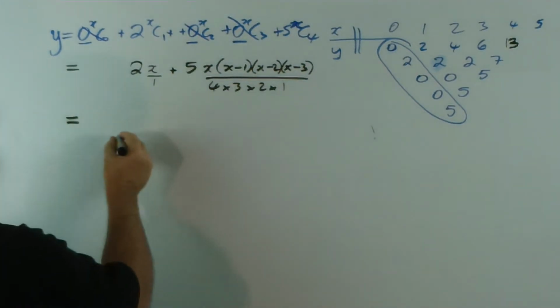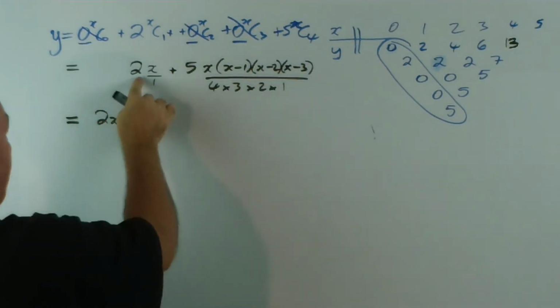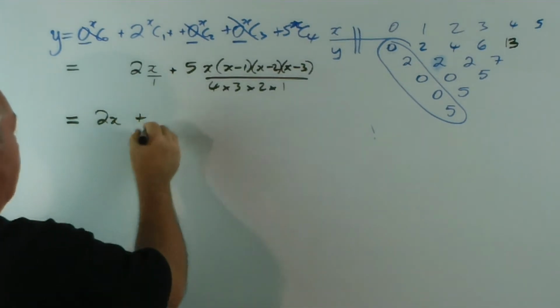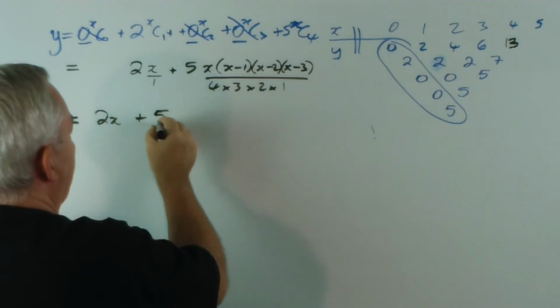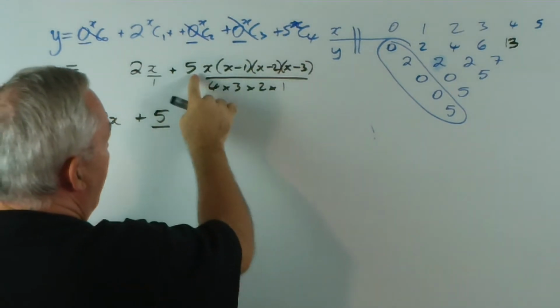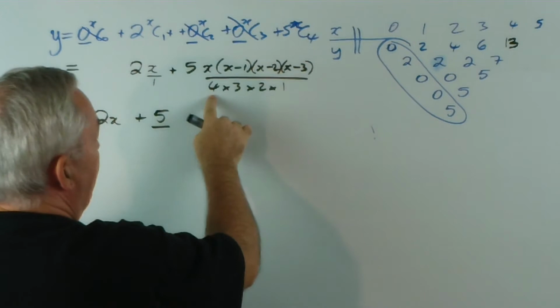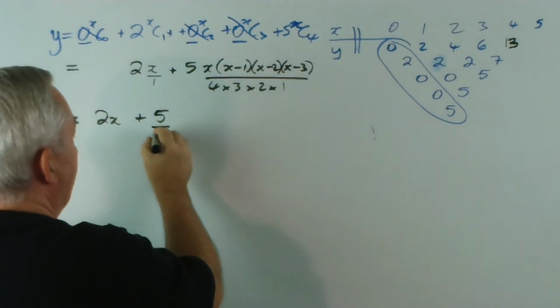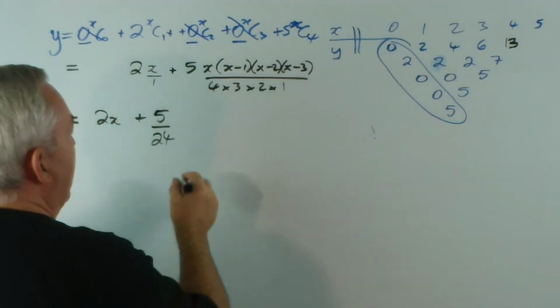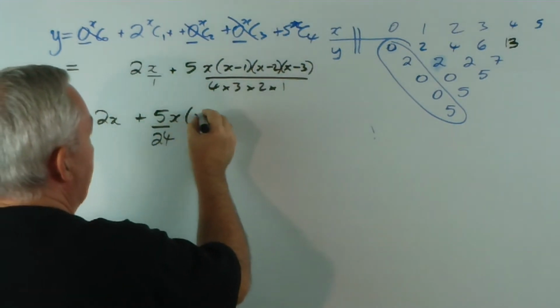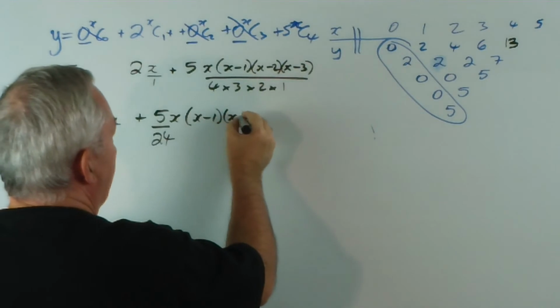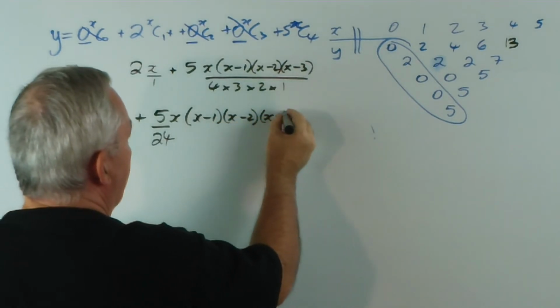Which equals 2x, that part's easy, plus 5 times this. Now, on the bottom, 5 does not divide into this. 4 times 3 times 2 times 1 is 24. And we have x times x minus 1, x minus 2, x minus 3.